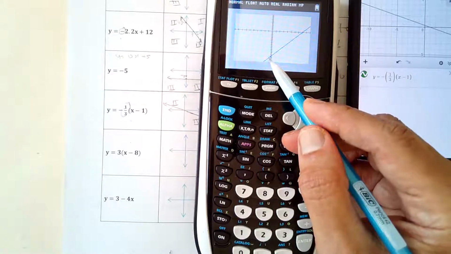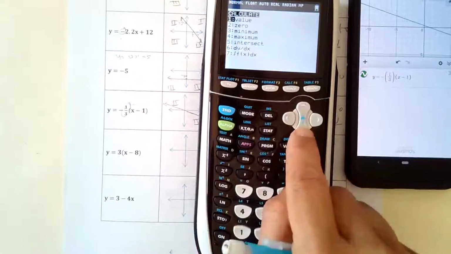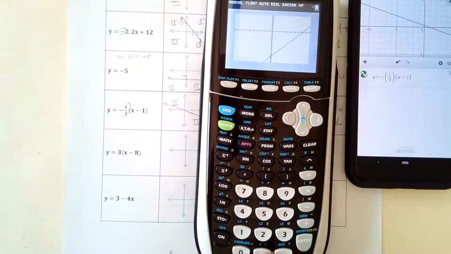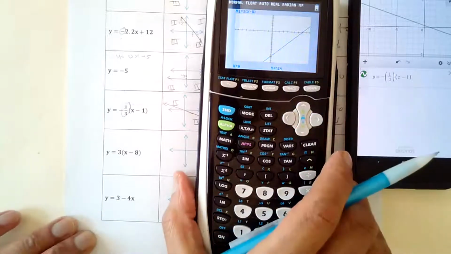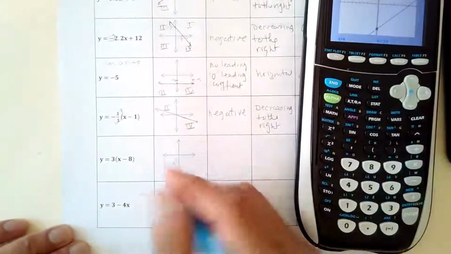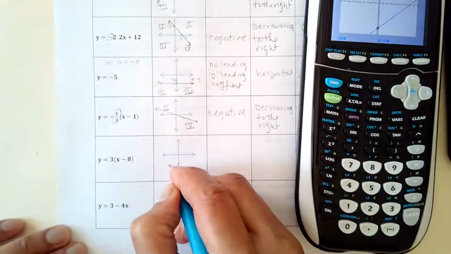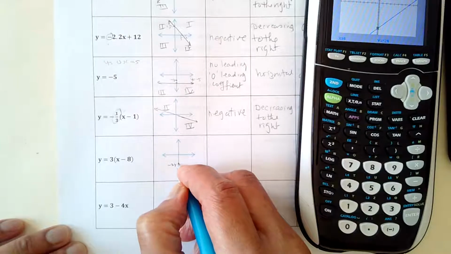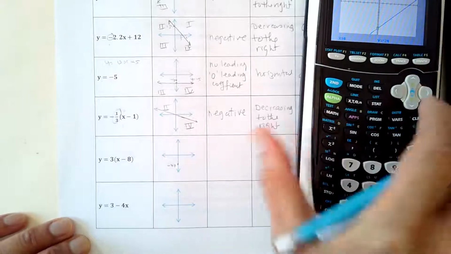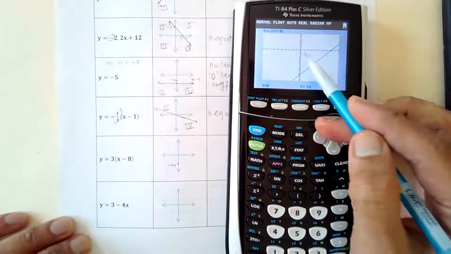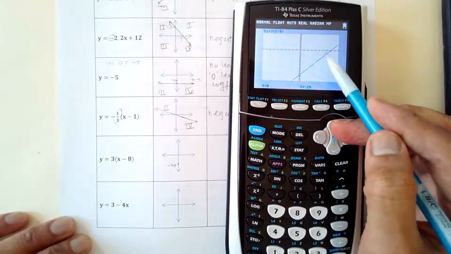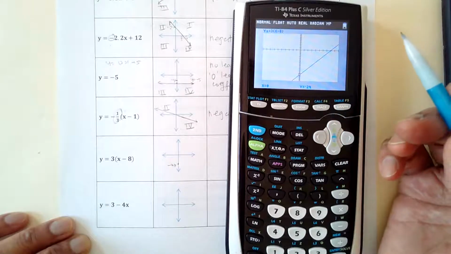My y-intercept in this case, let's see what it is. It should be x equals 0, y equals negative 24. So it's negative 24. So let's do a scale. So my graph here is negative 24. And my x-intercept would be 1, 2, 3, 4, 5, 6, 7, 8, 9, approximately 9.